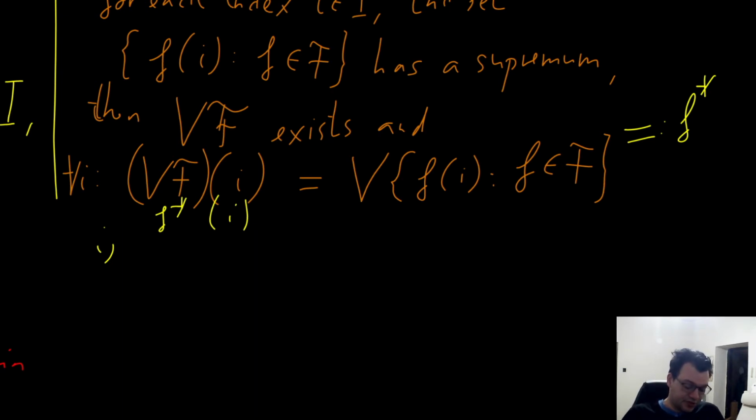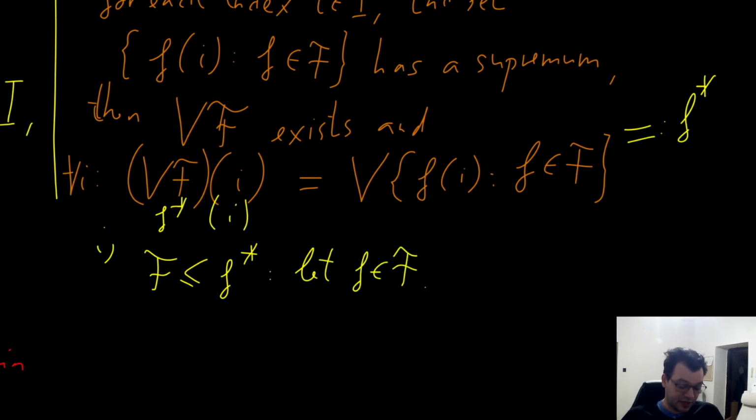Okay, so the first thing is each member of F is smaller than or equal to f star, so basically it says that f star, which we just constructed, is an upper bound for F. So for this end, let f be an arbitrary function from F. Again, we have to show that f is smaller than or equal to f star.